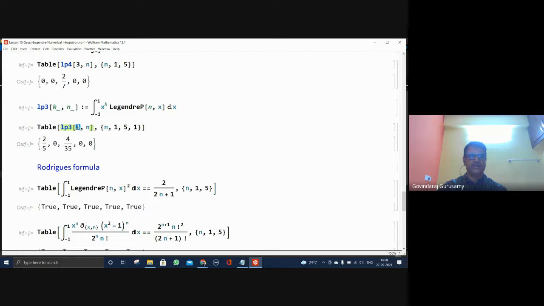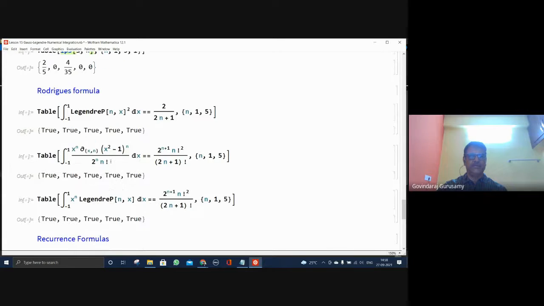Okay, three is the x cube of this integration. This is Rodrigues' formula here. This is the equation which is satisfied for different n's, for example n equal to 1 to 5. We have shown it is true, left hand side equals right hand side, therefore it is satisfied.